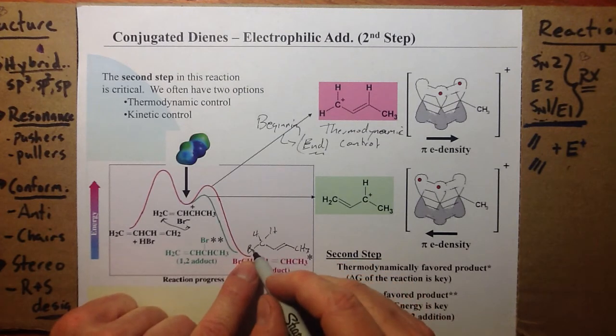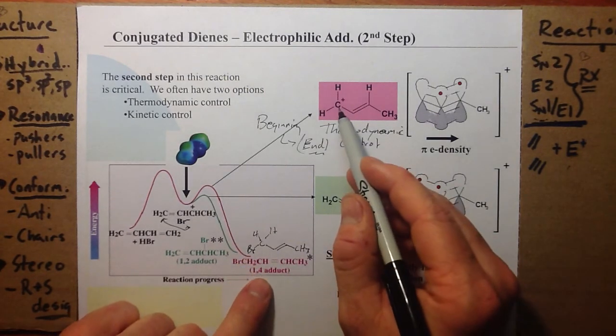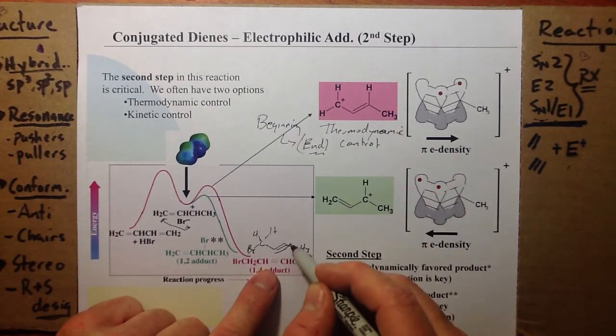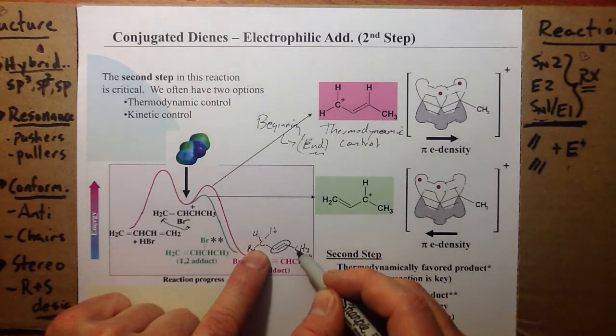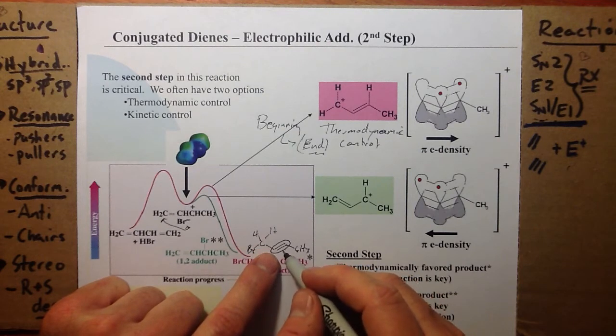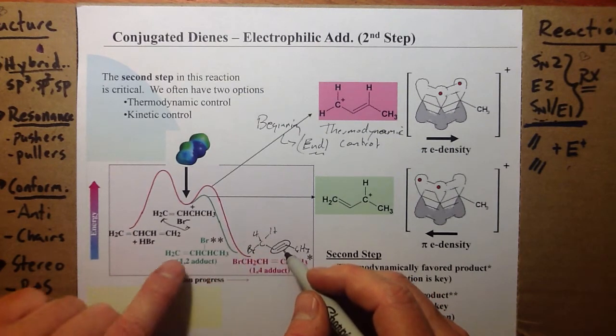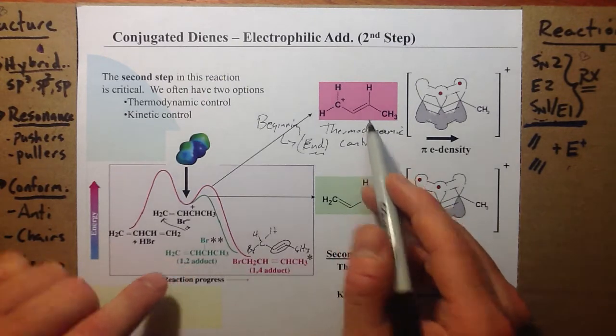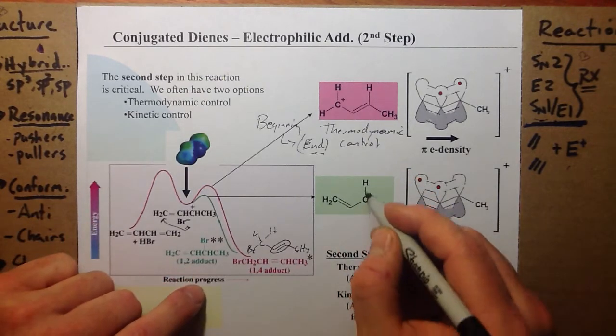We can say that bromine attacks right here. The double bond then is connected to 2 carbons. It's a disubstituted alkene.